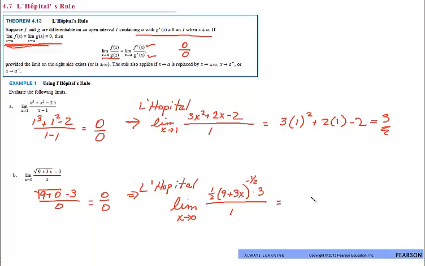I can still do my direct substitution. 3 over 2 times the square root of 9 plus 3 times 0. That's what I have here. So that's going to be 3 over 2 times 3 is 6. So this is going to be 1/2. Nice. I can do these limits without having to do, do you remember before, we used some algebra techniques to see if we could find limits? We would have factored here to see if we could find limits there.